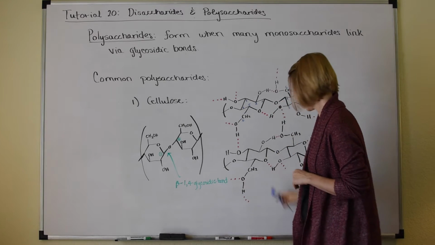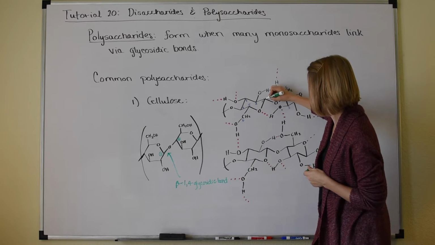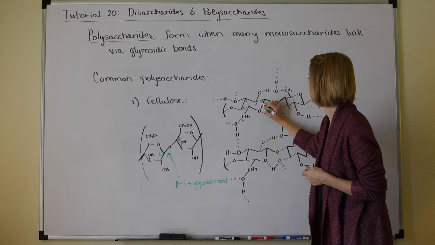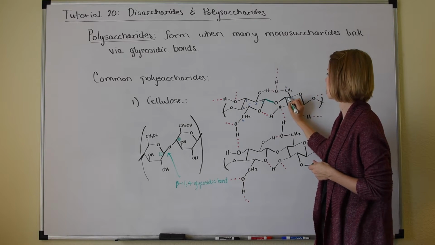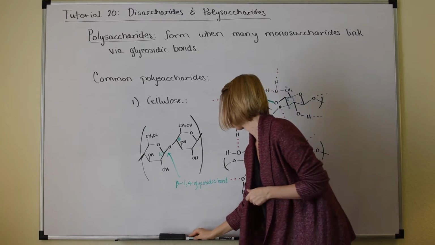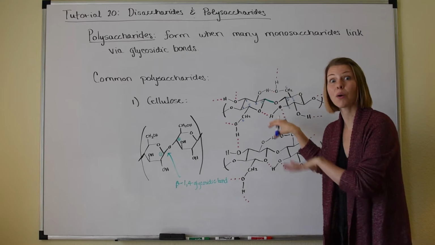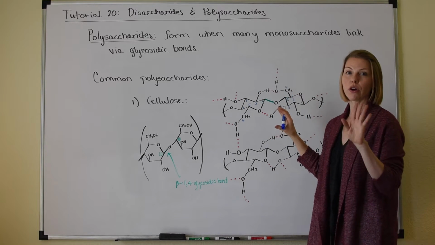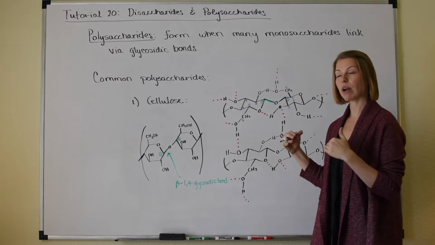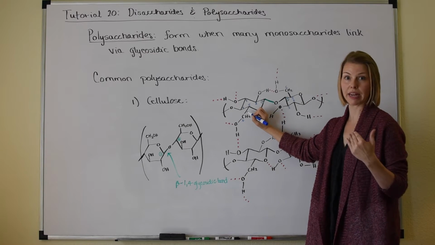Okay, so we see, let's go to the green, our glycosidic bond right here, connecting the 1 and the 4 positions of these neighboring glucose units. Okay, now you might be thinking, well, it's pointing down, isn't that alpha? Note that it's still oriented in the same direction as the CH2OH, and that's what makes it either alpha or beta.